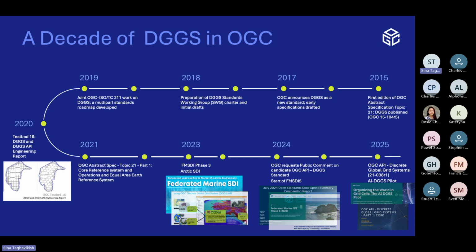In 2025 the API was released and the OGC Ai-Dggs pilot happened, which I think was a milestone in the many pushes that have been made for DGGS. Of course, in between, federated marine SDIs had a few pilots around the DGGS, and we also had it in code sprints as a part of the focus.